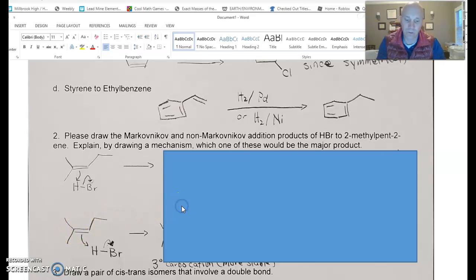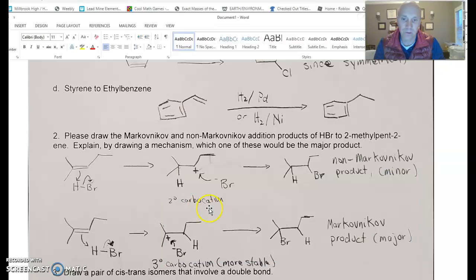So if we draw the results of that, if the hydrogen gets added to this carbon right here, that puts the plus charge right here in the intermediate. Notice I should probably put square brackets around that to indicate that it's an intermediate.